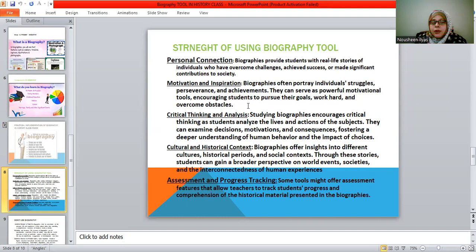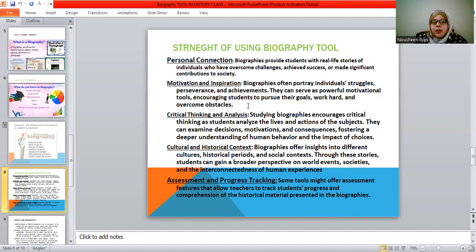So it creates motivation among the students, encourages them to serve their society, work hard, not only serve their society, but work for themselves, for their family, for their future. Think about the nation. Think about the country. So they get inspiration, motivation, and they know how to overcome the obstacles.